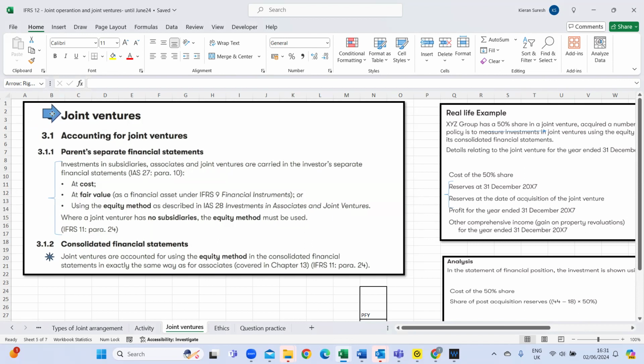When you deal with joint ventures, a separate business vehicle is set up to run the business. That means the investor won't own any assets and liabilities; he would only have the rights to the net assets. The separately set up joint venture entity would hold the assets and liabilities.